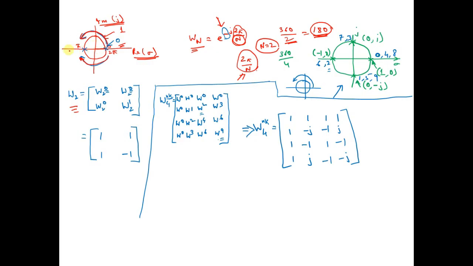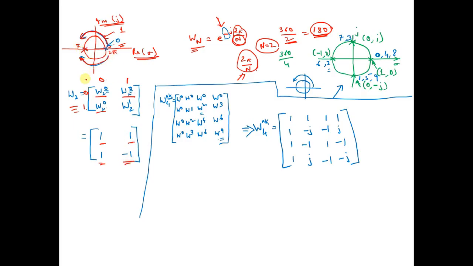So it would be here. Here we are having 1, and at pi we are having -1. Okay.